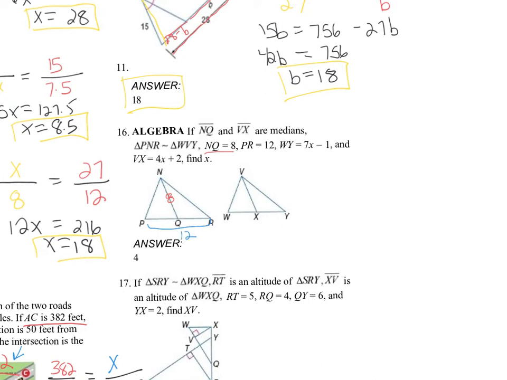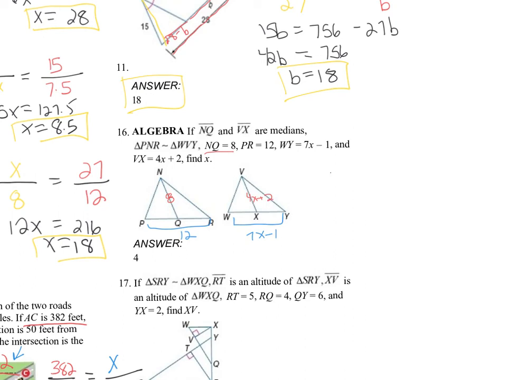We are told that WY, which is this whole distance right here, is 7x minus 1, and that VX is 4x plus 2. So I just need to mark off what I have been given there.